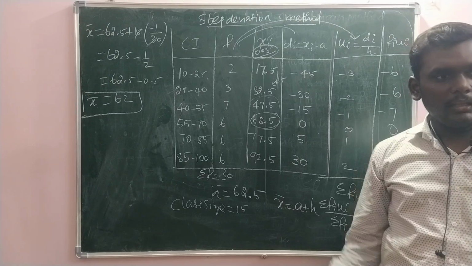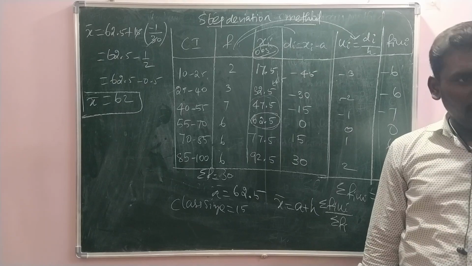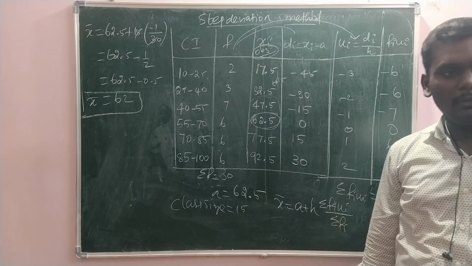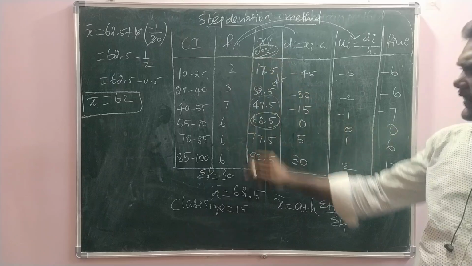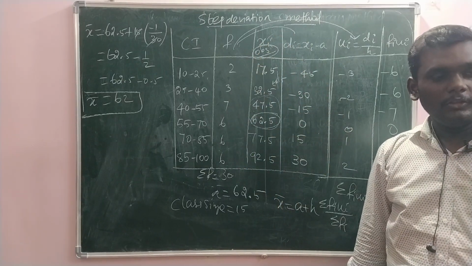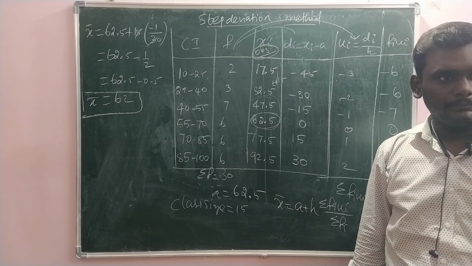And then for di's, you know what it is? The same class size only, with the negatives you should write above, with the positives you should write below. Also, the assumed mean can be chosen from any of these xi's. Don't choose fi as the mean. The answer will not come.